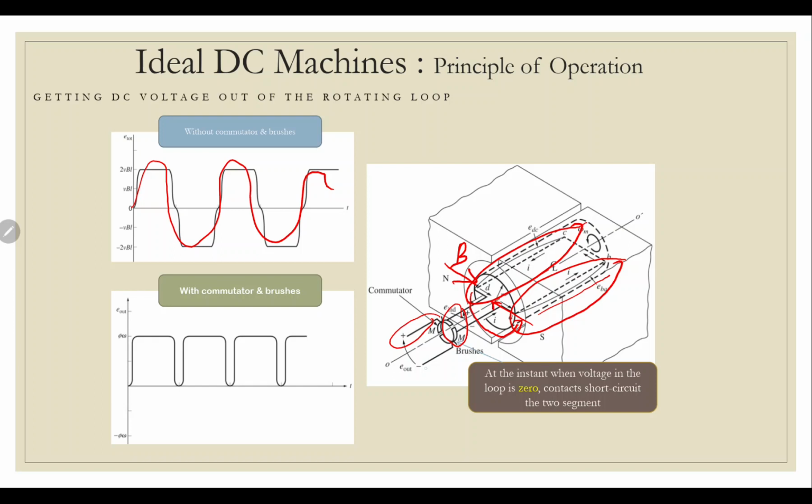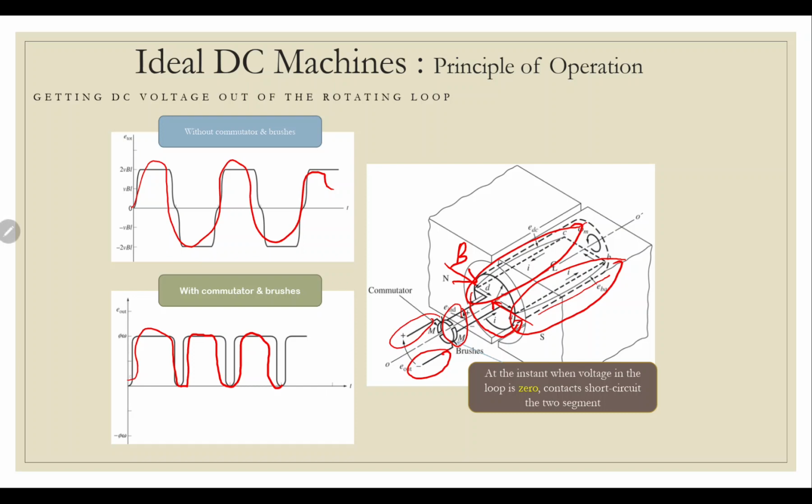The same with the negative end, which will always be touching the commutator connected to the coil under the south pole. That's why you have this shape, whenever it tries to change, it meets the end of the commutator and therefore becomes positive again.